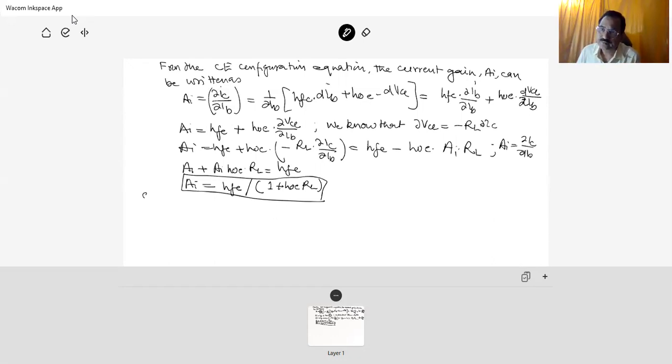Comparison of CE and CB hybrid parameters.